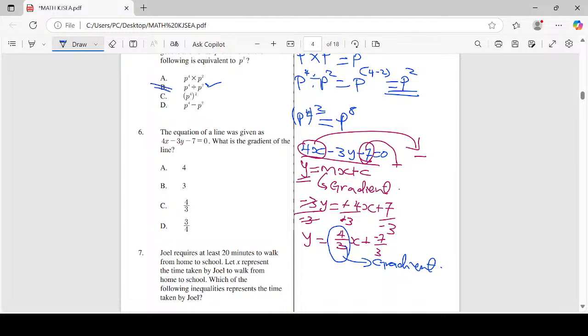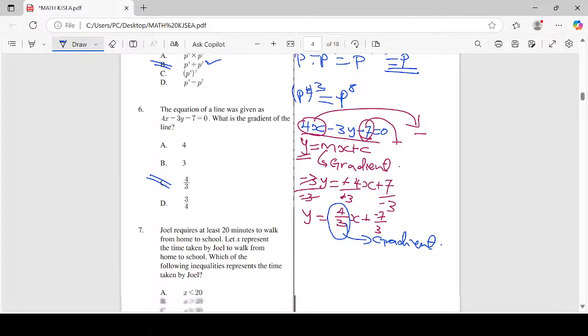It is very, very important. That is choice C. Choice C is giving us 4 over 3.